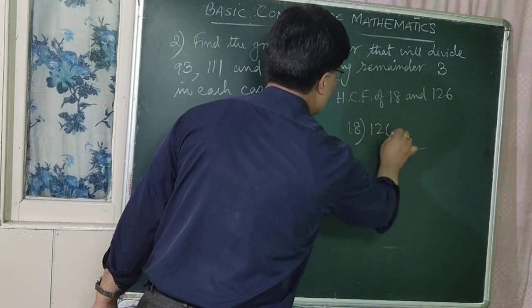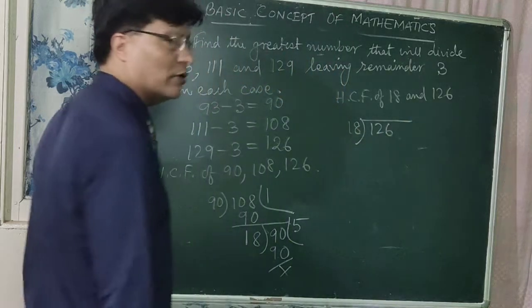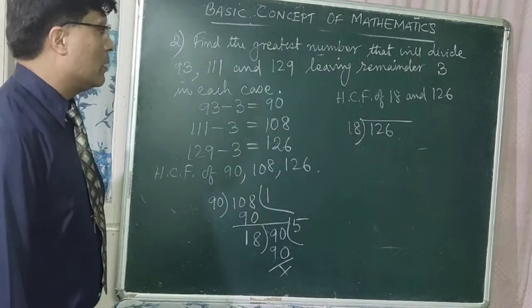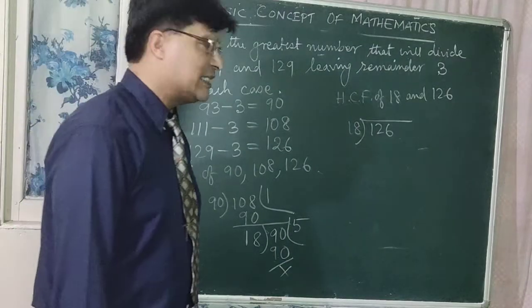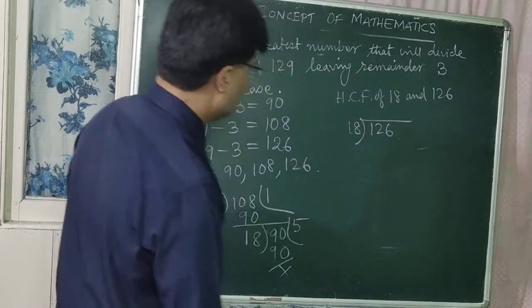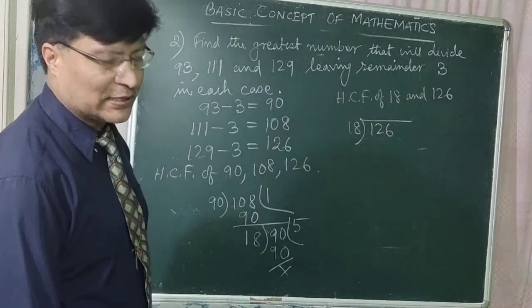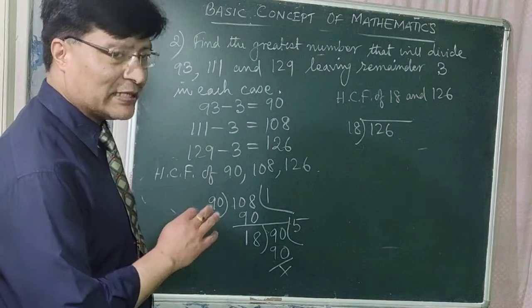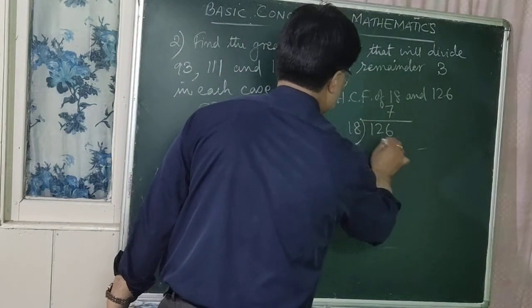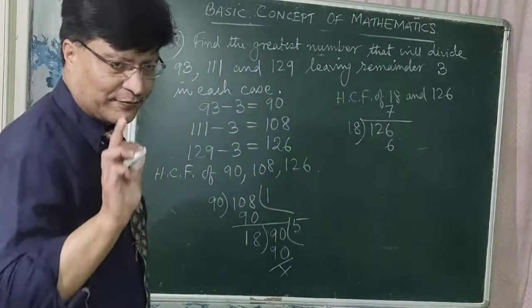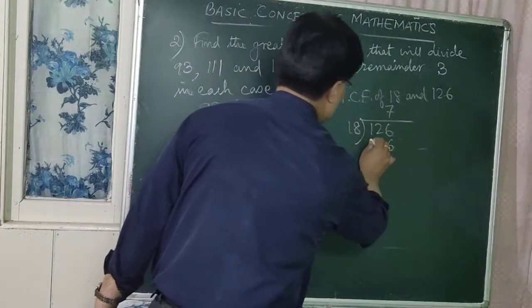We divide 126 by 18. How many times does it go? 7. I think 18 can be multiplied by 7, and if you multiply 18 by 7 we get 126. 7 8s are 56, 7 1s are 7, plus 5 is 12.